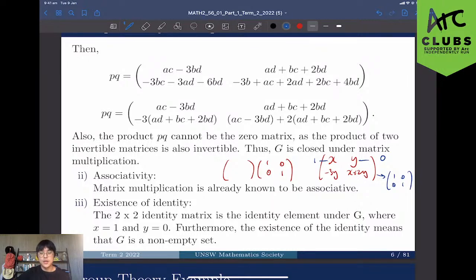So we know that the identity matrix is in G. And also we know that the set is now non-empty because we at least have one element that we know for sure is in the set. We have to remember that under the definition of a group, we have to prove that the group is non-empty. So make sure to state this.